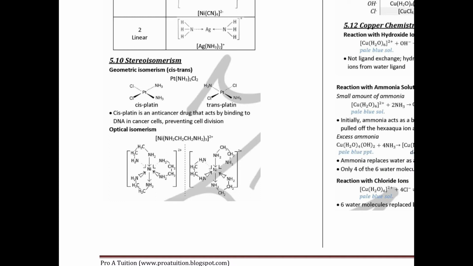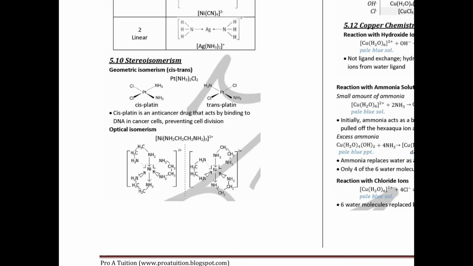You see, for example, this one is staying on the right, now it's staying on the left. This one is staying at the northwest direction, now it stays at the northeast direction. This one southeast becomes southwest, something like that. So optical isomerism, settled.